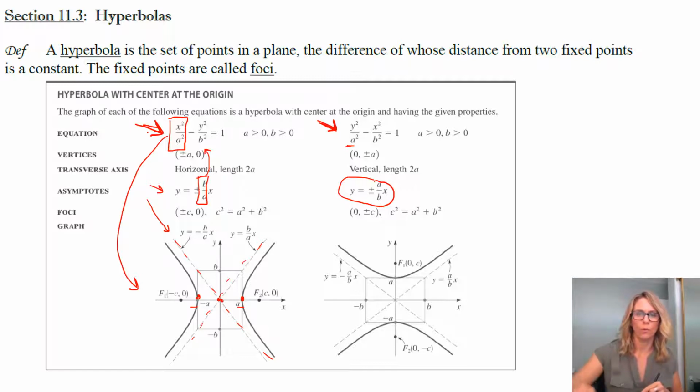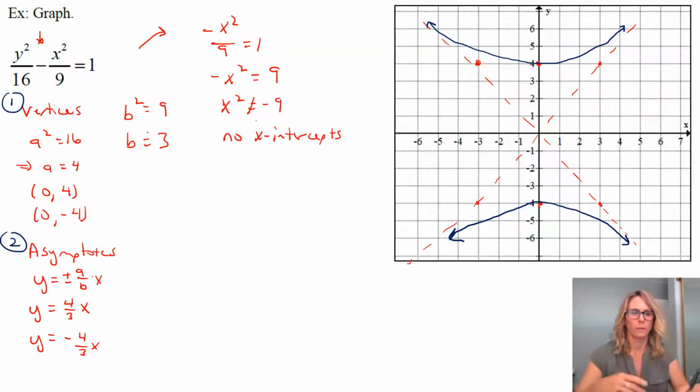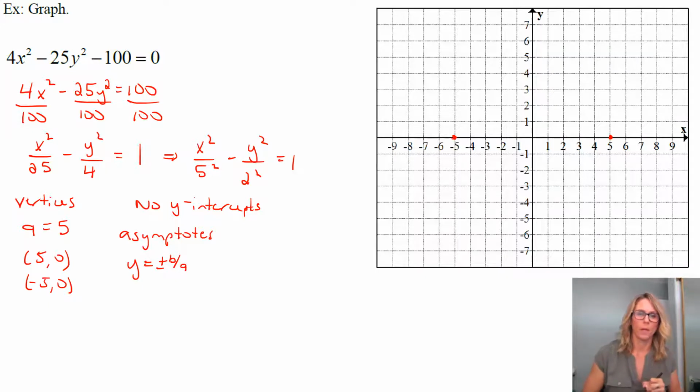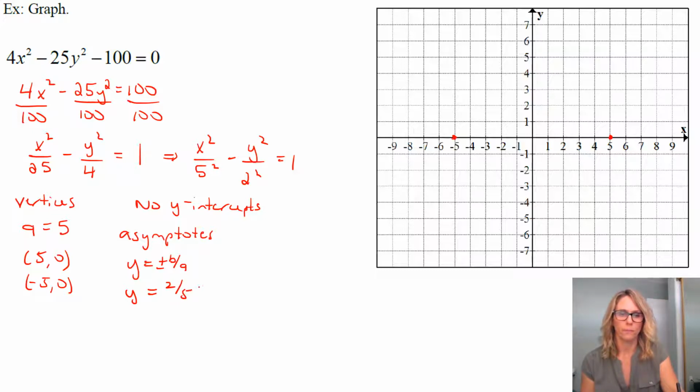So we'll come back here, plus or minus b over a. And so what that's going to give us is y equals 2 over 5, and y equals negative 2 over 5. And again, that's times x. Gotta have that. Put my x here as well, of course.